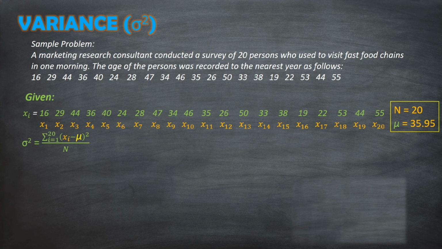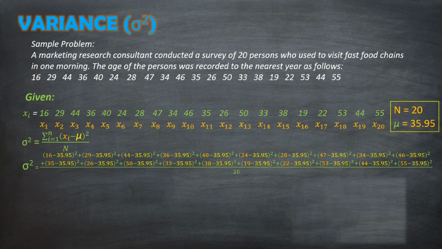This means that we will be substituting each x sub i, starting from x sub 1 to x sub 20, with our population mean, which is 35.95.